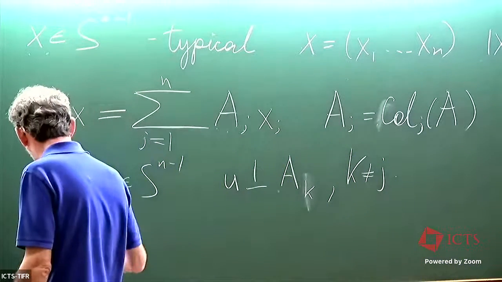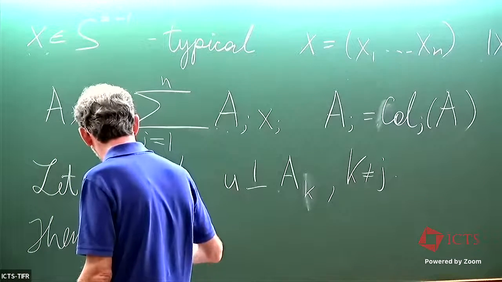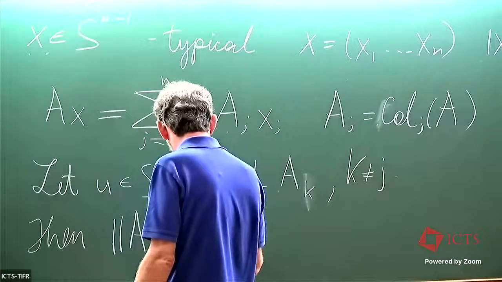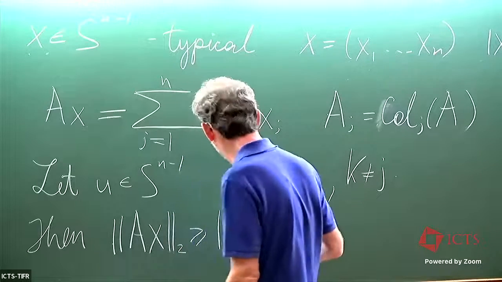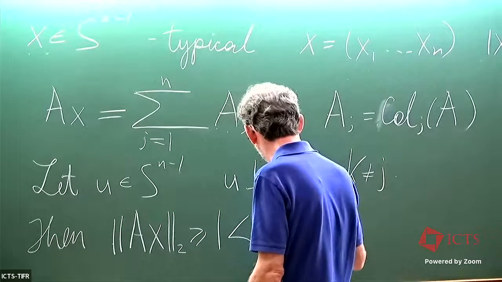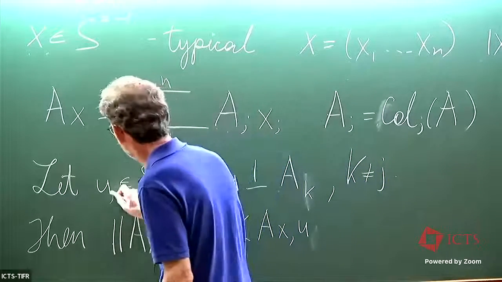And then the norm of AX is greater or equal than the absolute value of the inner product of AX and u_j.